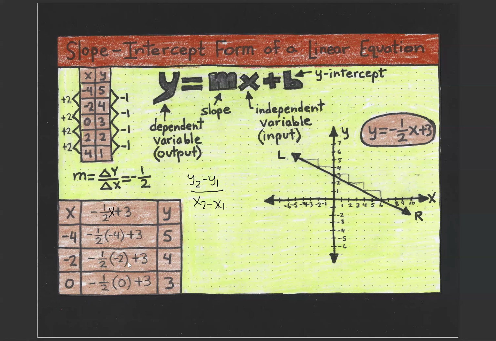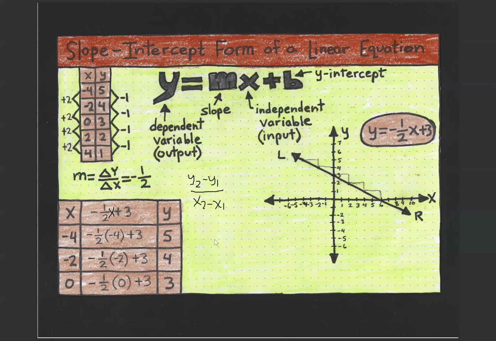Now we plug in a negative 2 for our x value. A negative 2 times negative 1/2 gives us a positive 1, and a 1 plus 3 gives us 4. And of course, a 0 times a negative 1/2 gives us 0, and a 0 plus 3 gives us 3.